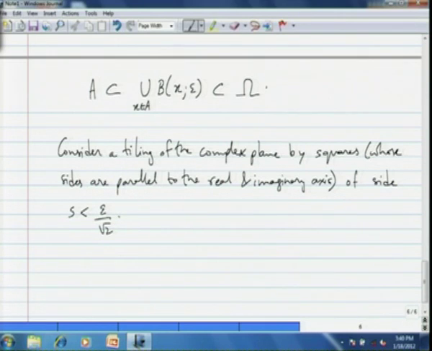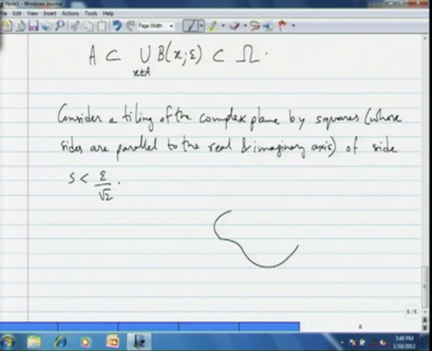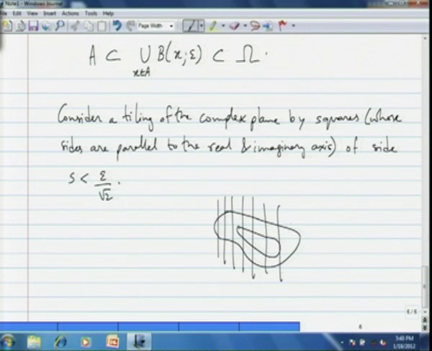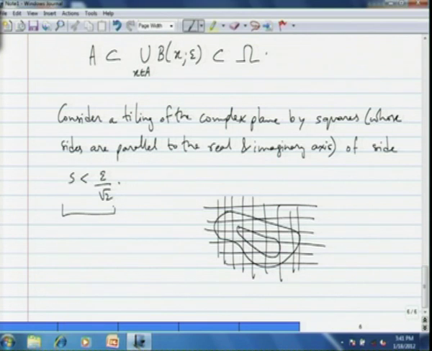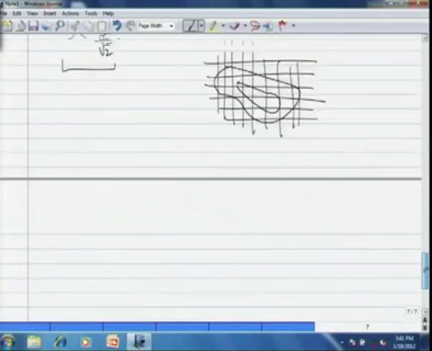So, here is the compact set A, schematically, and then you have tiled the whole of the complex plane using squares whose side length is s, which is strictly less than epsilon over root 2. It does not matter how small an s you pick, as long as, of course, it is positive, it is the length.